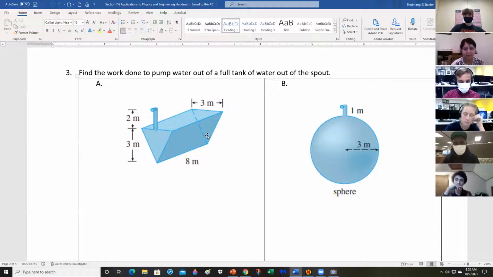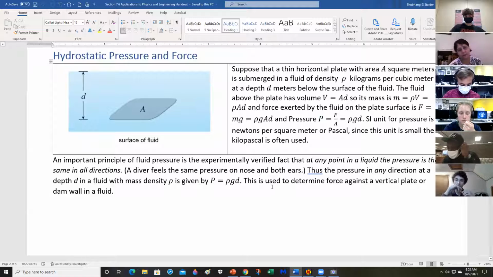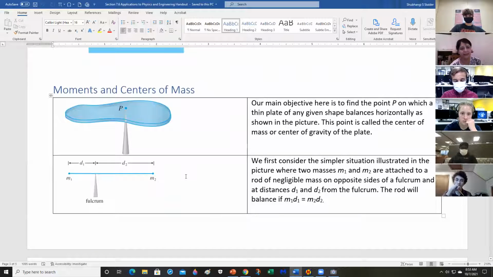If you are able to read the rest of it, which is the hydrostatic pressure, how to find pressure on walls of dams or tanks or just flat things submerged in the water, how do you do that? That's what we're going to do next. And then the next part that we're going to do is moments.